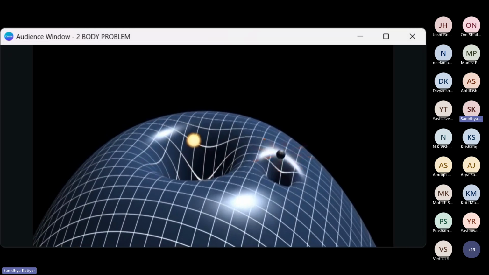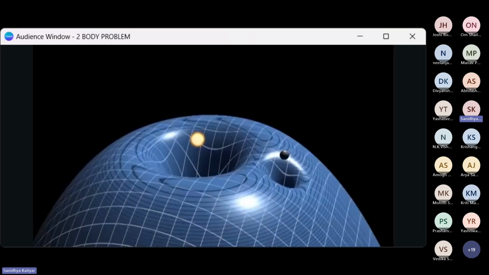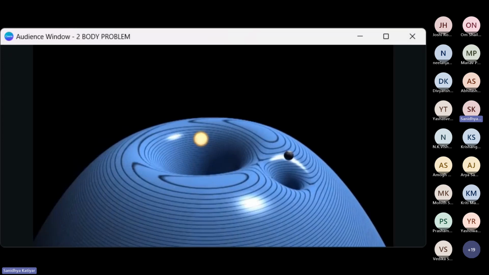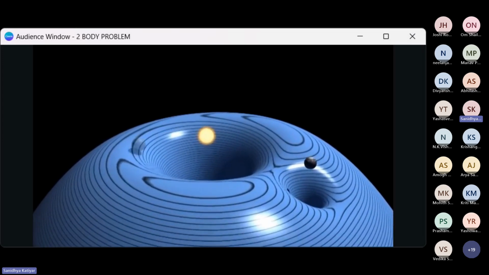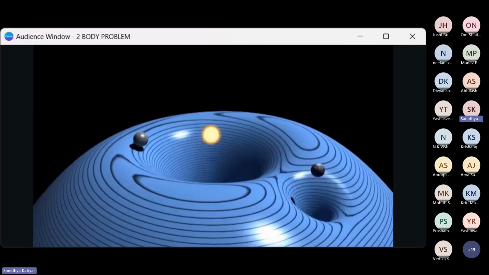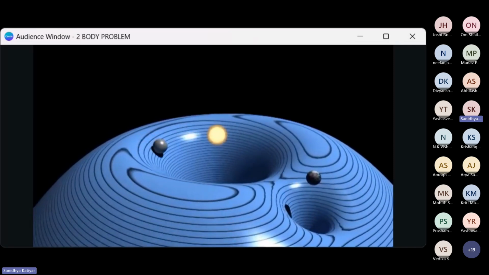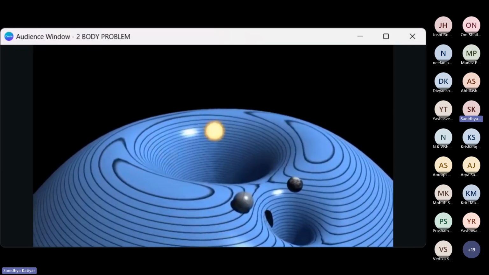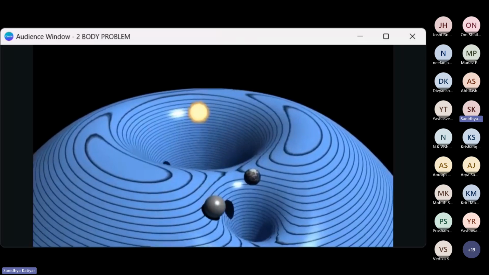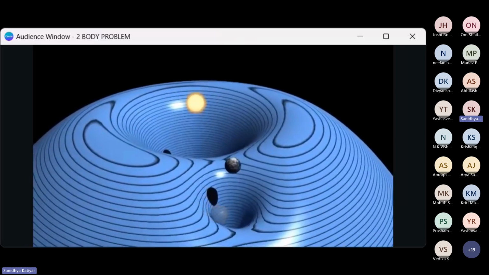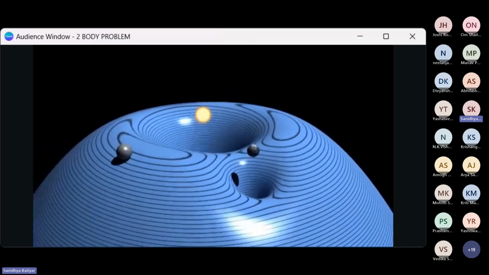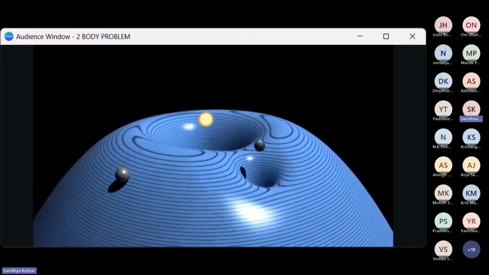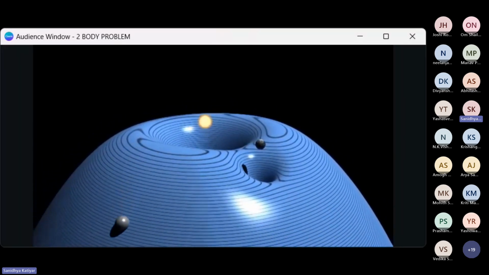This graph shows us the effective potential energy, and it tells us how objects will move. An object whose orbit starts here will slowly drift towards the sun. An object starting here will slowly drift towards the Earth. And an object starting here will slowly drift away into the outer solar system.